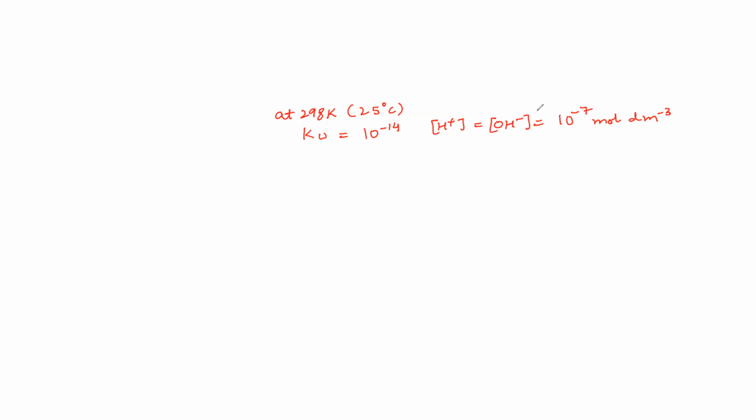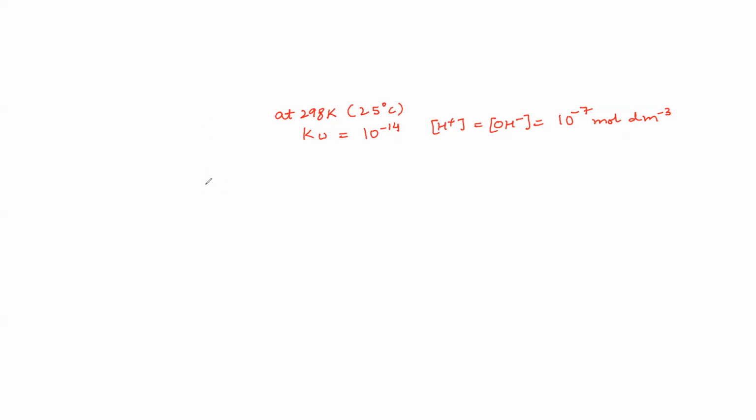Okay, so basically in the solution, the molar concentration of H positive is very small. Like you can see here also, it is 10 to the power negative 7, which is really a small number. So basically what we do to represent the H positive concentration, we use the term pH.